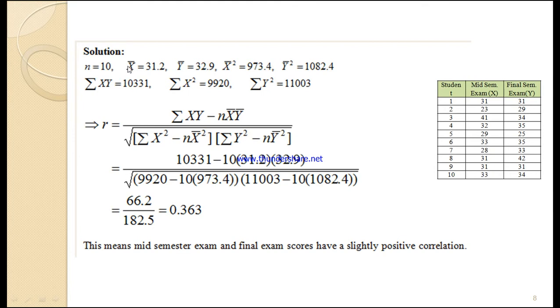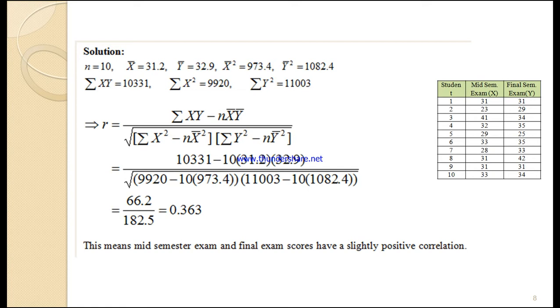And when we calculate the mean of midterm exam results of 10 students, which I mean to say x bar, we add midterm exam results of all of these 10 students and we divide the result by 10. Then we obtain x bar, or the mean of mid-semester exam, of 31.2.